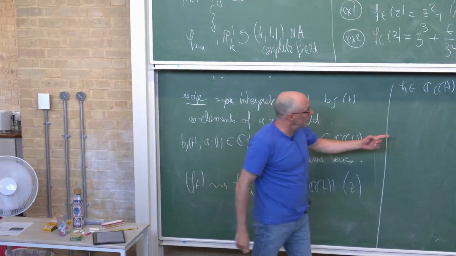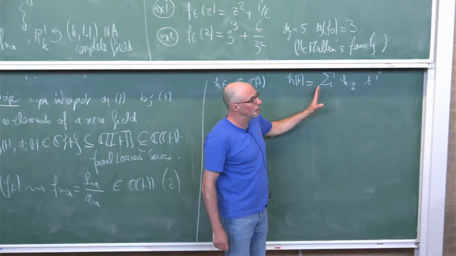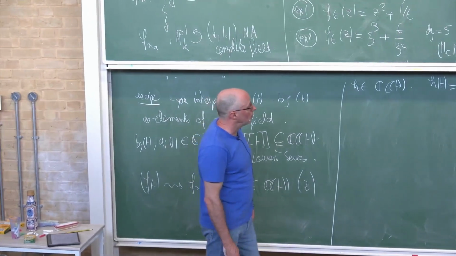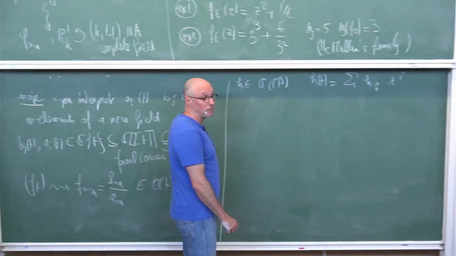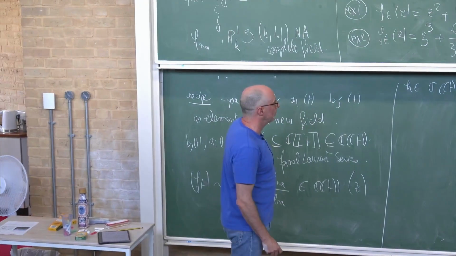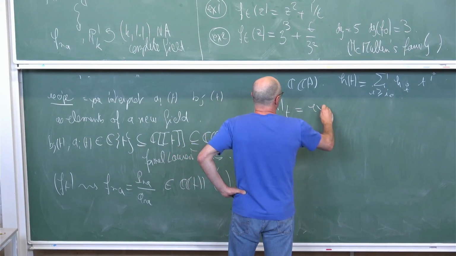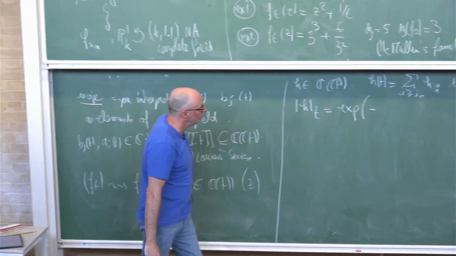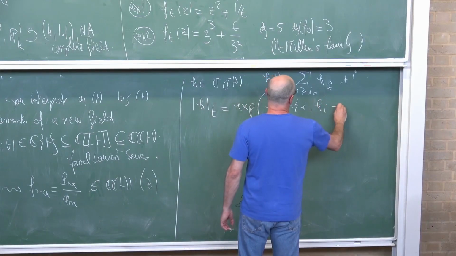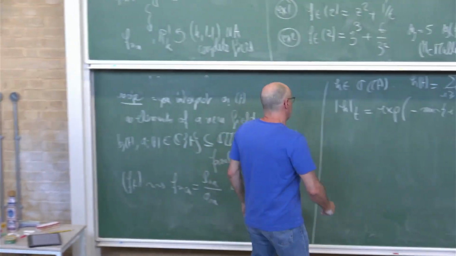It's a Laurent series, meaning that you might have infinitely many non-zero coefficients with non-negative index, but only finitely many non-zero coefficients with I negative. So we start with I greater or equal to I naught, for instance. And so what is the t-adic norm? You take exponential of minus the minimum of those indices I such that h_i is non-zero. Okay? So it's a norm.